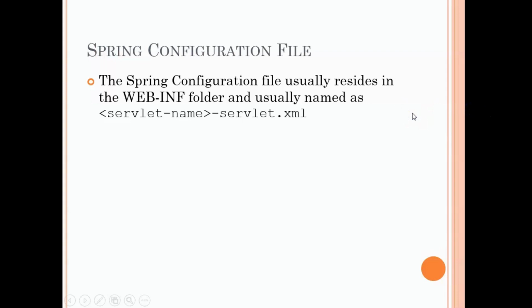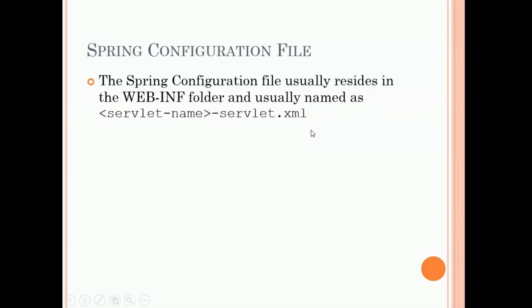Now, if you see, the Spring configuration file is usually placed inside the WEB-INF folder. That is where you put it and that is where you store it usually. Okay, and it is named something like this, as you can see here, servlet-name-servlet.xml.